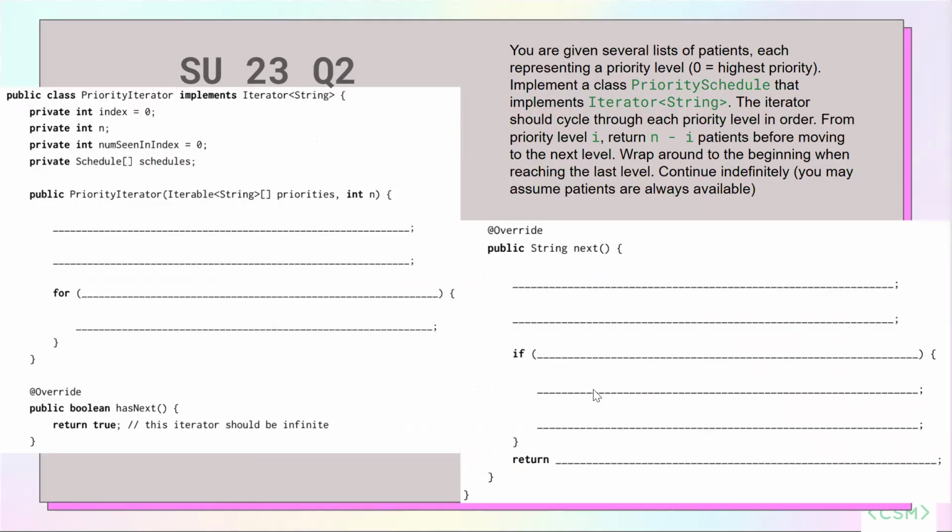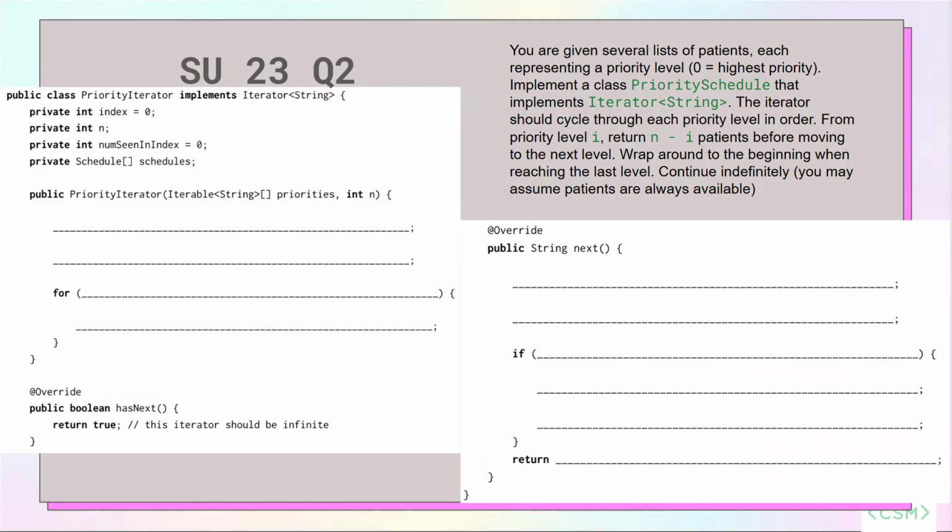So for the next question, we unfortunately can't find the original problem statement, but this is close enough. You're given several lists of patients, each representing a priority level, with 0 the highest priority. We're taking in this list of priorities, which is a list that has other lists inside, and implementing a class priority schedule that implements iterator of string.